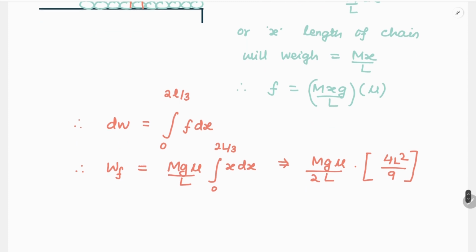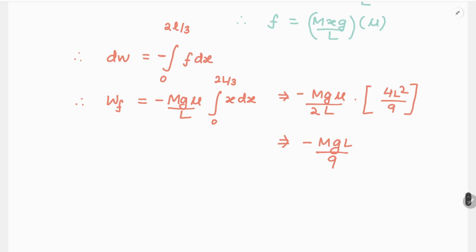So on solving we obtain the value as mg mu, which can be written as half, 4 will cancel out, l by 9. And now since it is work done by frictional force, we put a negative sign over here.